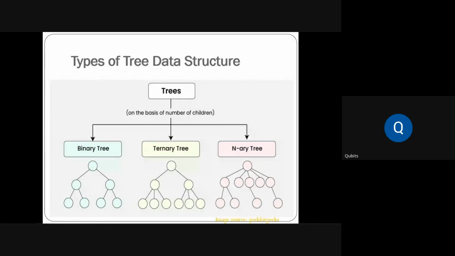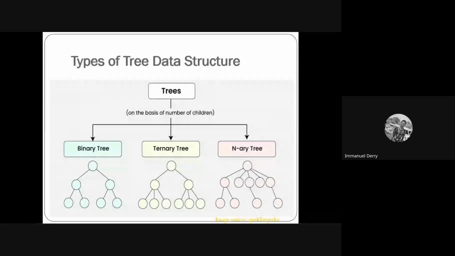Please, are we clear? It can be 0, 1, or 2, right? Or it can be 0, and still qualify as a binary tree. Yeah. So the issue is that it should not be more than 2. So 0, 1, 2 is enough to qualify it as a binary tree.